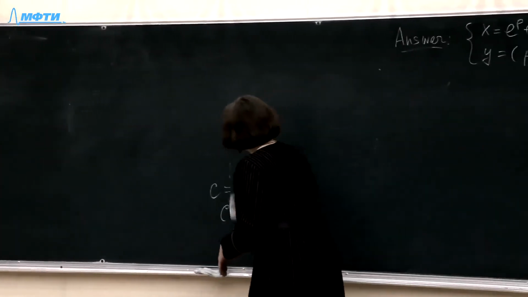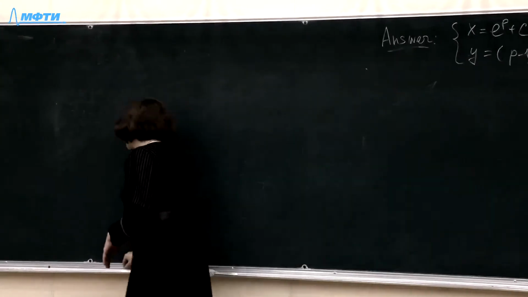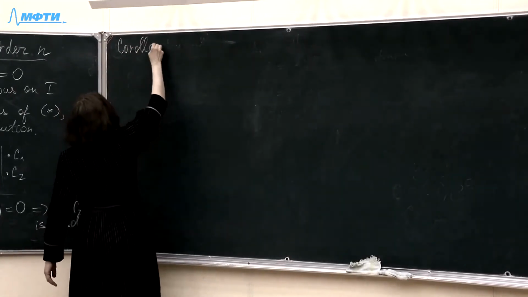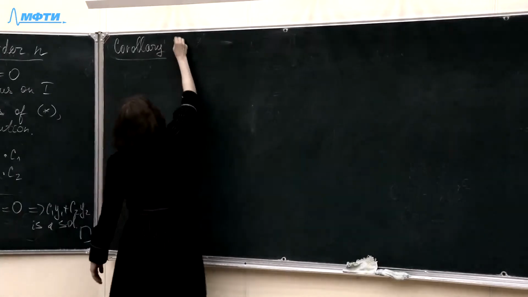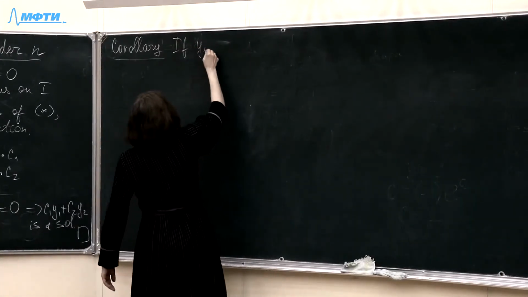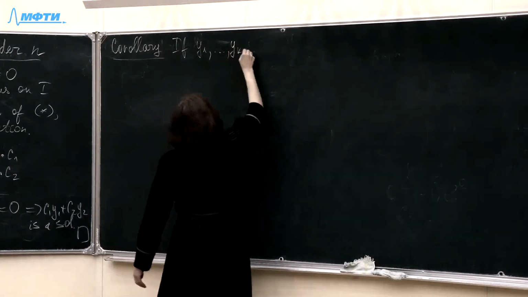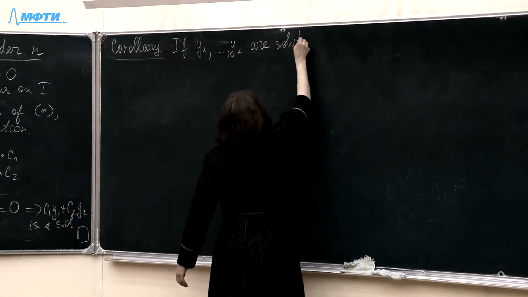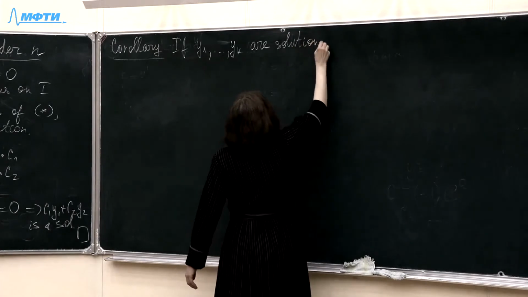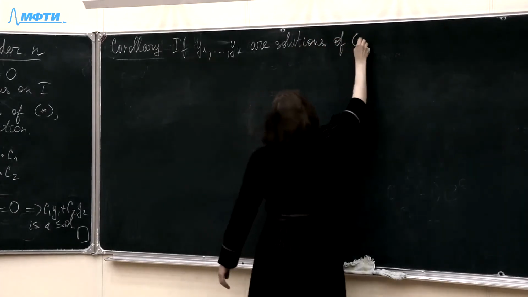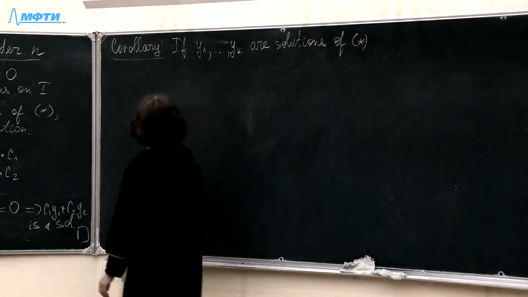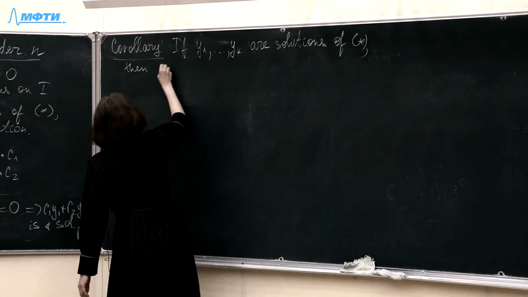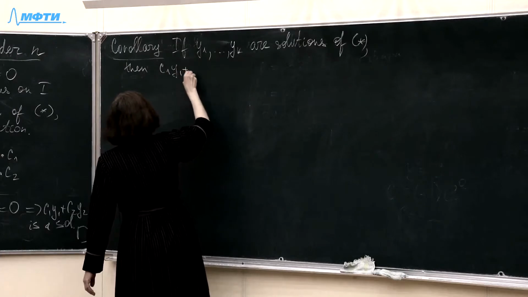By induction on n, we can prove the following corollary: if y1 and so on, yk are solutions of the original differential equation, then their linear combination is also a solution.